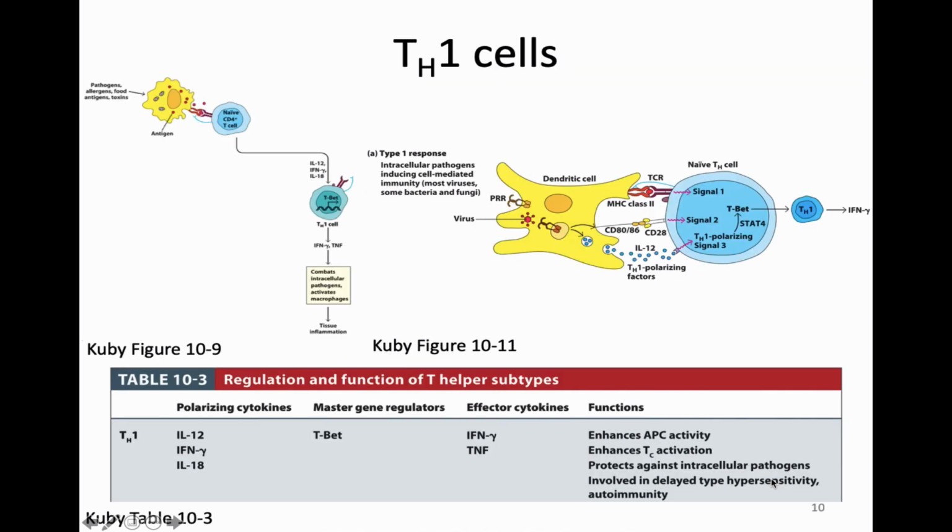So with a Th1 cell, our naive T cell will receive a polarizing cytokine. Usually the polarizing cytokine for Th1 cells is called IL-12. What you might notice here is that there are particular cytokines that I am going to highlight as being sort of the famous and key cytokines, but your textbook lists multiple different cytokines at different places.